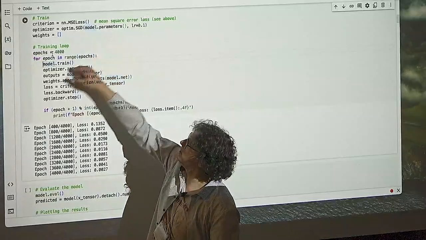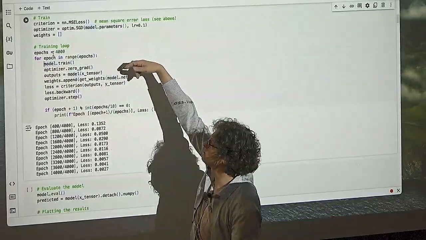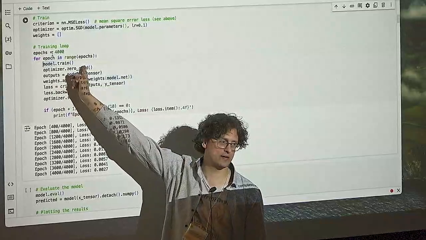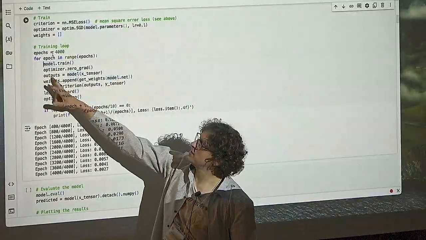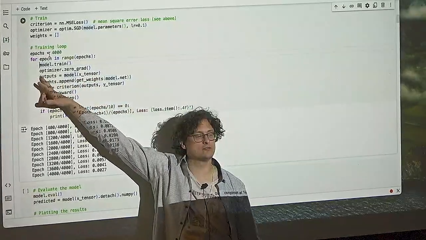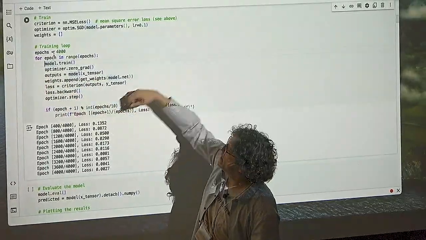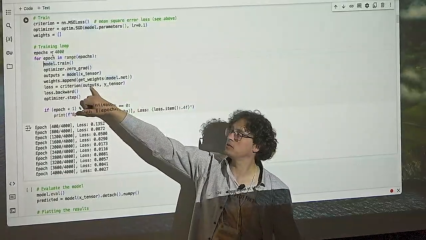And then you see here model.train. This just puts it in training mode. Doesn't matter too much for us. optimizer.zero_grad puts all the gradient buffers to 0. And then it calculates the output from the model. That's the thing that is supposed to turn into a sine curve. And then it calculates the criterion by comparing the target with the output of our model.